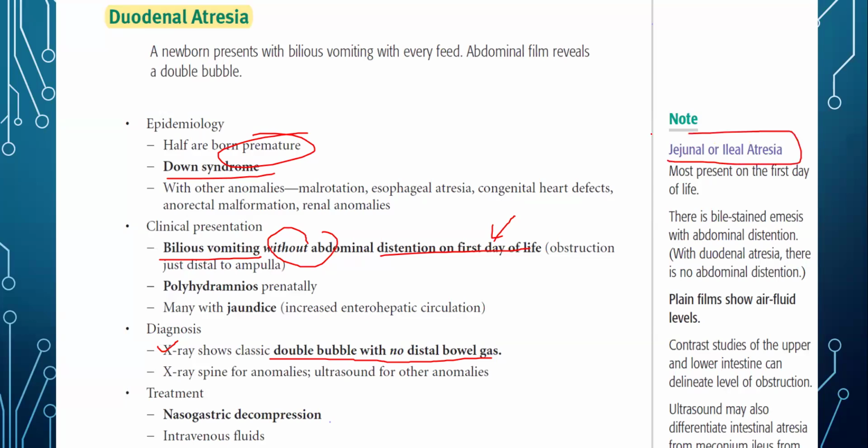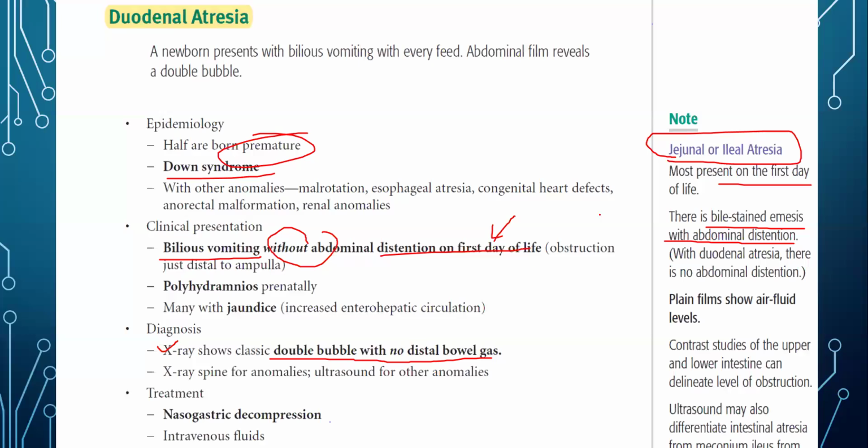What about jejunal and ileal atresia? These also occur on the first day of life. They also give you bile-stained or bilious vomiting, but these children will have abdominal distension, because once the food passes the duodenum and then can't pass anymore, that will give some distension.